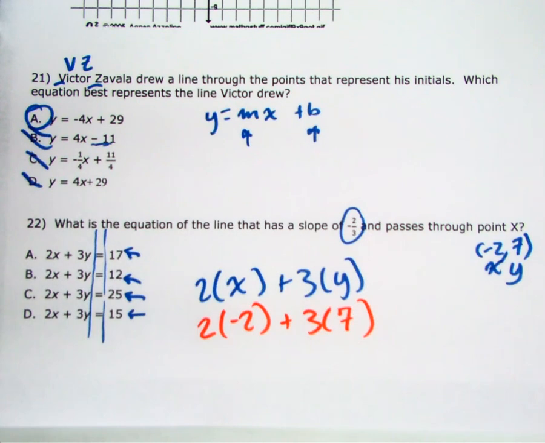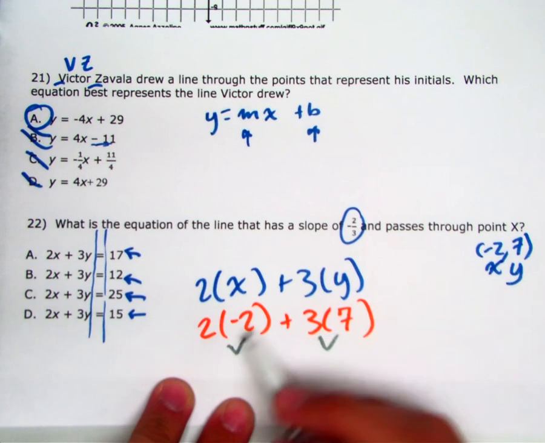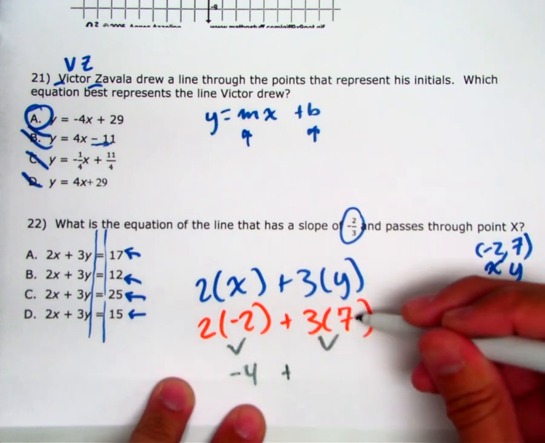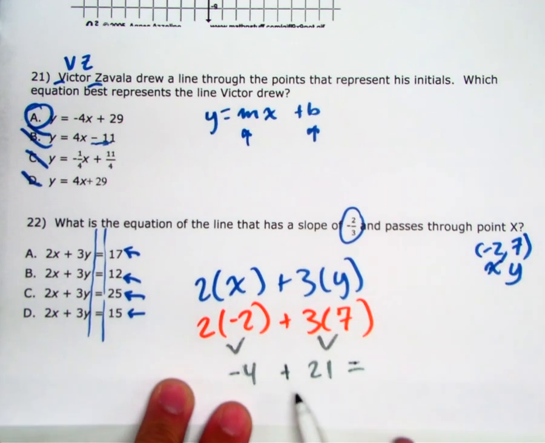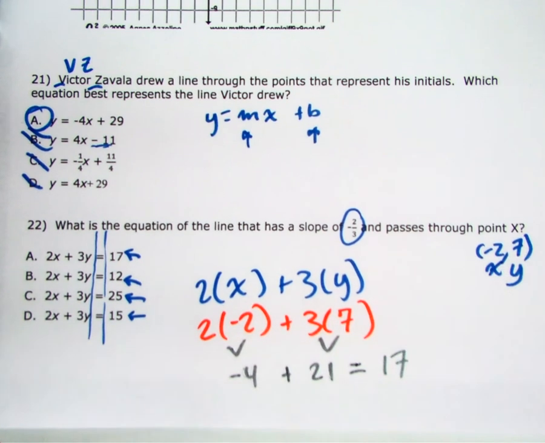I'm just going to do it manually because I love math. 2 times negative 2 is negative 4, plus 3 times 7 is 21, and negative 4 plus 21 gives you 17. And here it is, option A.